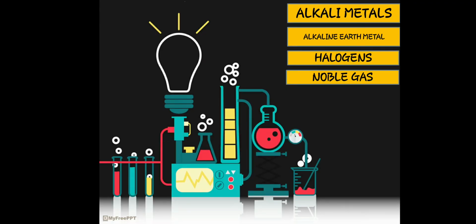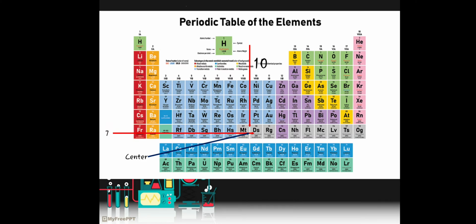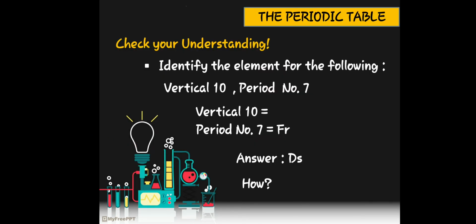Next slide. Okay, let's go. We have already done discussing the period and group. Always remember that period is horizontal and row. Group is vertical and column. So, it's the same line. Wherever the horizontal is pointing, you count vertically from there. Like this one, this is a horizontal. It said in this question that we will be looking at the period number 7.